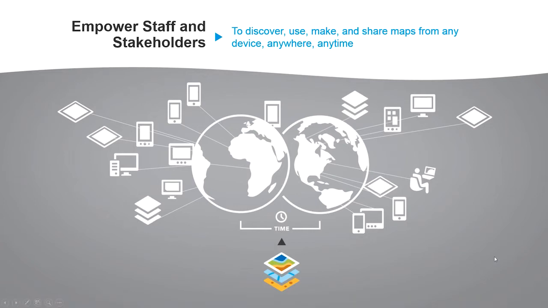So we now have the ability to use applications to gain situational awareness in the field, provide information back into the organization's enterprise, and get information out to people in a dynamic fashion.